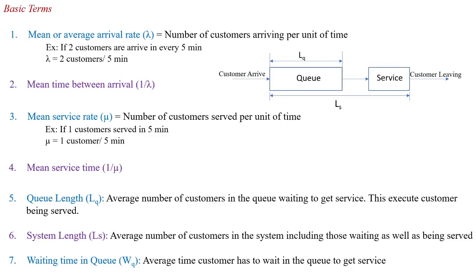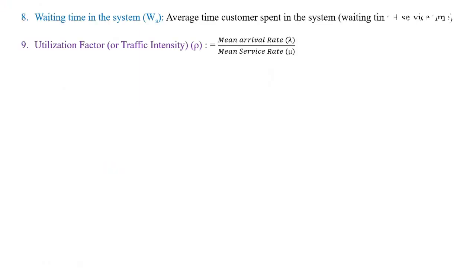Next one is the waiting time in the queue, which is defined as the average time a customer has to wait in the queue to get the service. Next is the waiting time in the system, which is the total of waiting time and servicing time, meaning the average time a customer spends in the system.